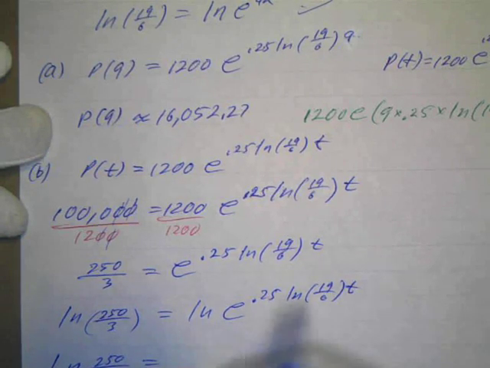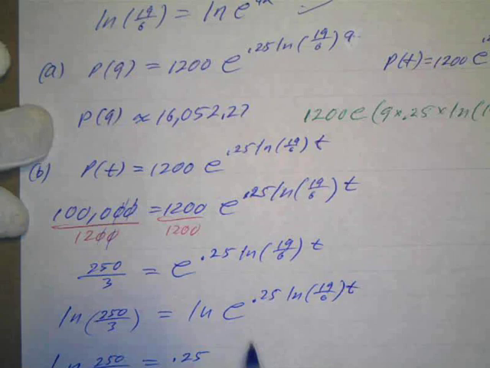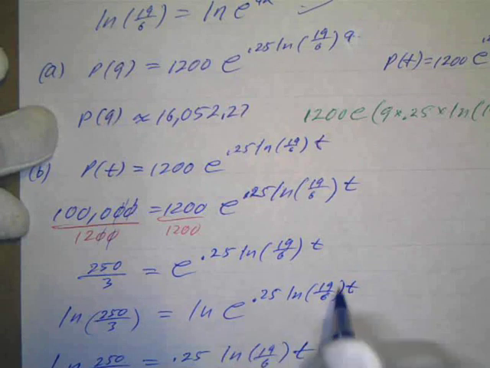Equals 0.25, and in this case I can write this as 1/4 natural log of 19 over 6 t times the natural log of e, which goes to 1.